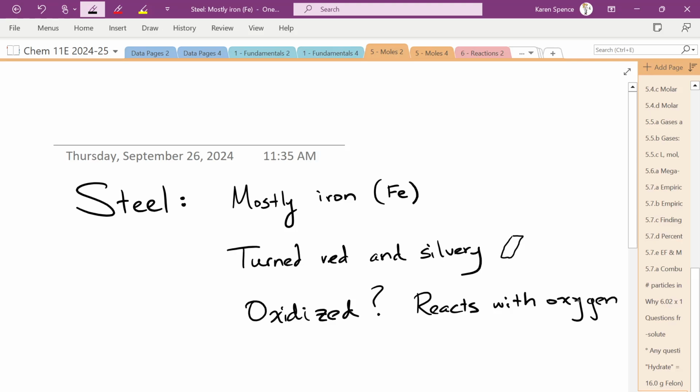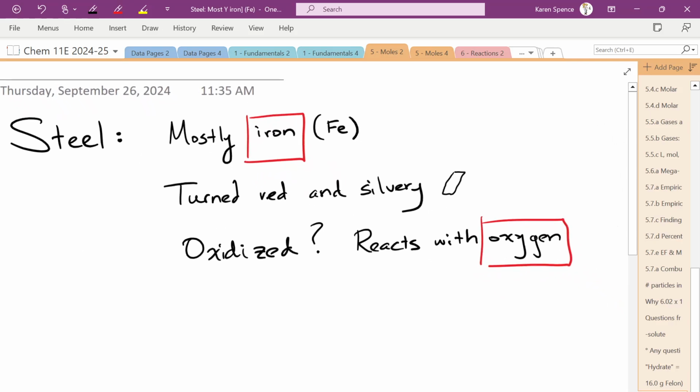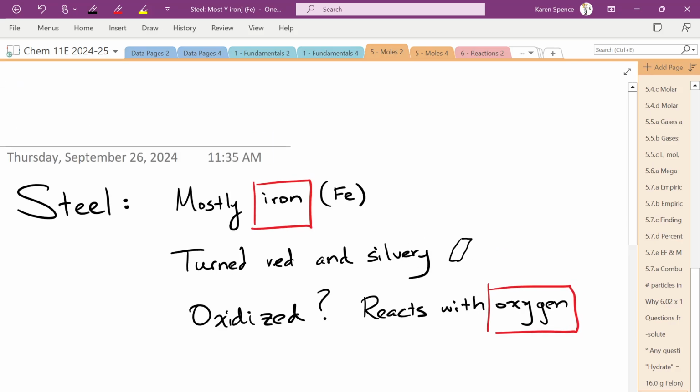Yes? Okay, and we still have to wait until tomorrow. I tried to make sure I got some of the ammonium chloride onto the steel wool. Yes? Oh, where did the oxygen come from? The air. Okay.